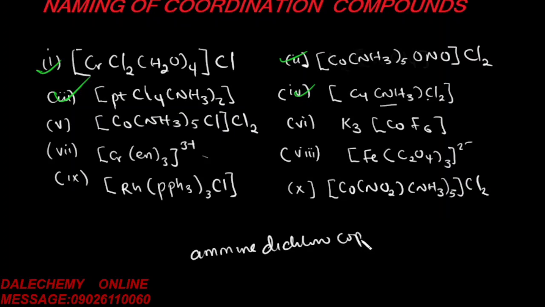It will be cuprate only if this is having maybe 2 minus or minus 1. If it is having a negative charge, that's when you change to cuprate. But because it's a neutral compound, a neutral complex, you just have to retain its name. So copper, then you calculate its oxidation state.